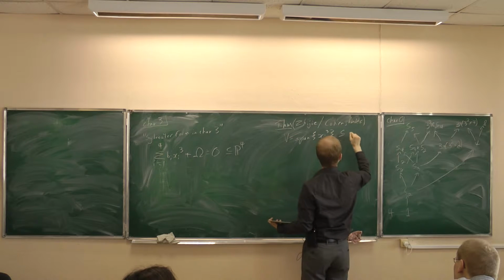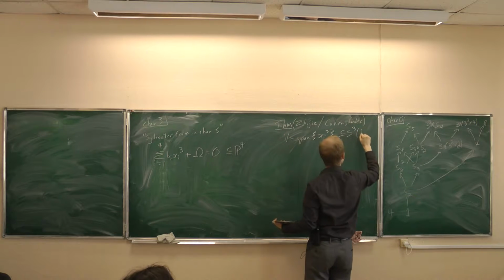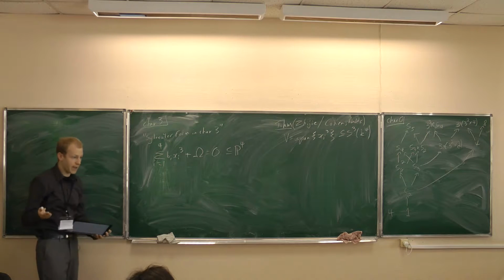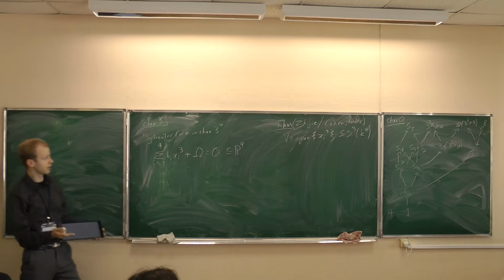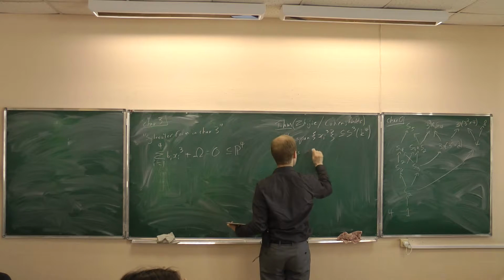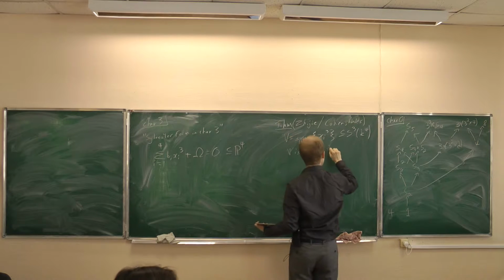of the cubes in the symmetric polynomials in 4 variables, then there's this interesting fact that in characteristic 3, V is a GL4 invariant subspace.